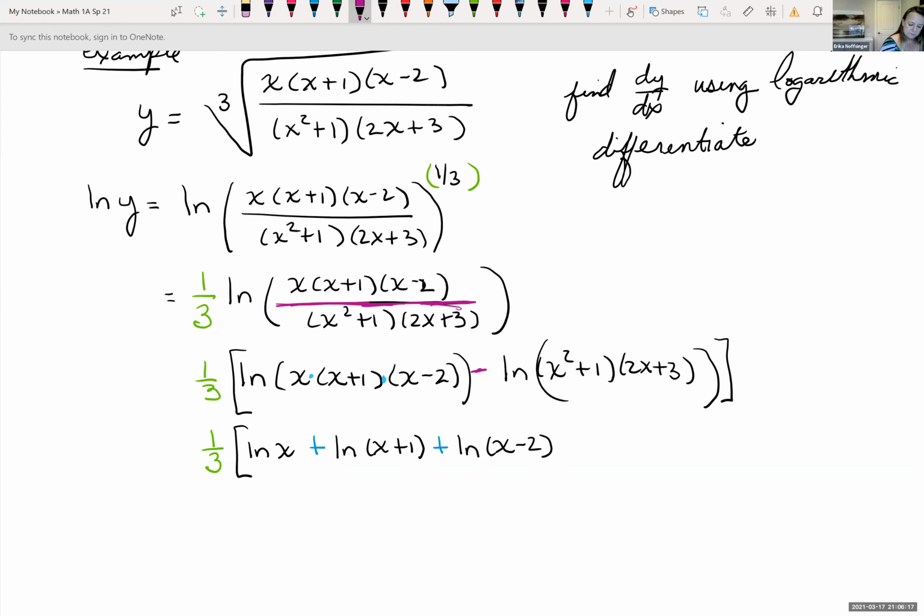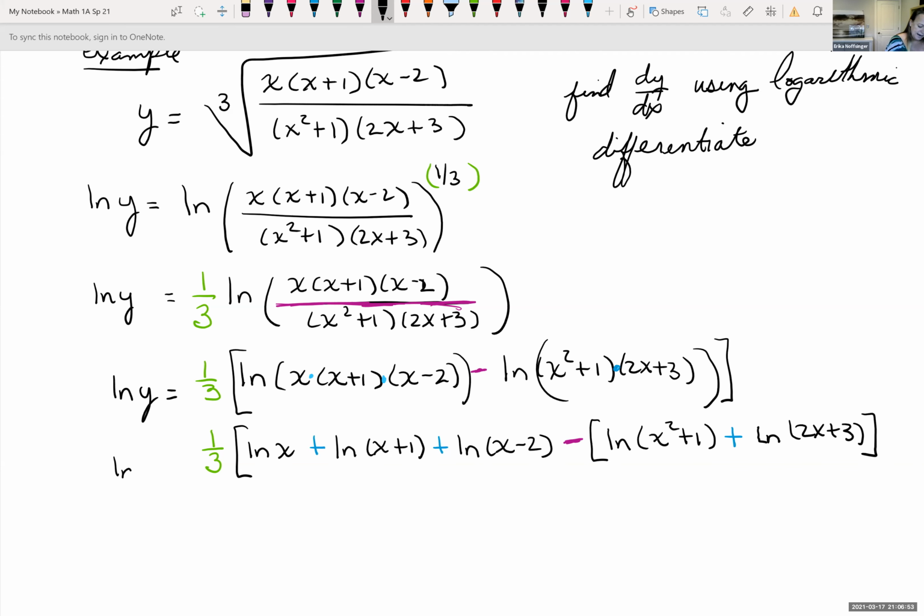You need to be careful because this minus sign is going to be distributed. So we need parentheses around when we break up this natural log of this multiple. So this is going to be the natural log of the first piece, x squared plus 1, plus the natural log of 2x plus 3. Here, natural log of y.